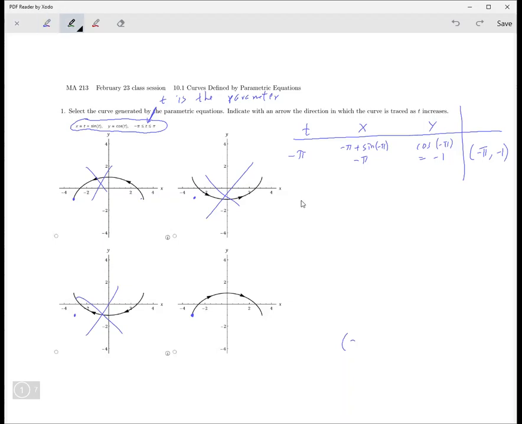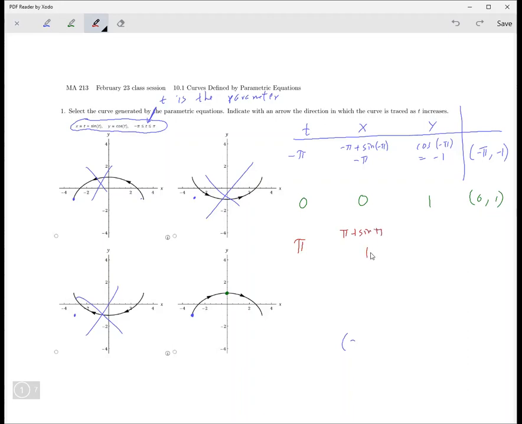Okay, and then we can look at other points. So negative pi, there's 0 is in this interval. Okay, 0 is between those two. So we could look at what happened with 0. If you put a 0 in here, x is going to be 0, and y is going to be cosine 0, which is 1. And you can see that it goes through 0, 1 right here. And then we could also try pi. If you put a pi in here, you get pi plus sine pi.